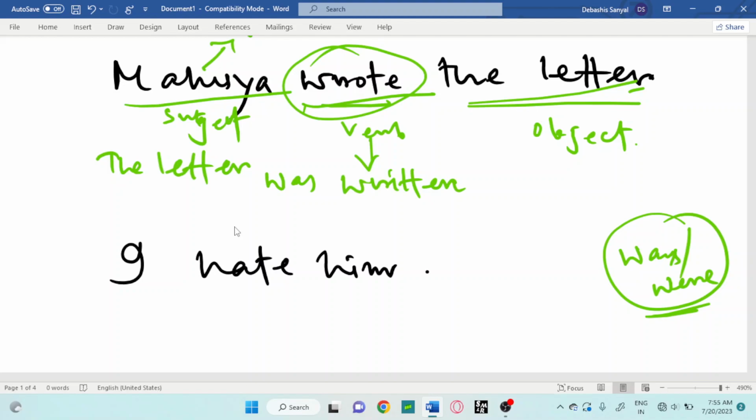Because we have to use the third form in the passive always. The letter was written, then there will be "by" according to the rules. By Mohua. Actually, names or nouns remain unchanged in the passive, though there are several changes regarding pronouns.